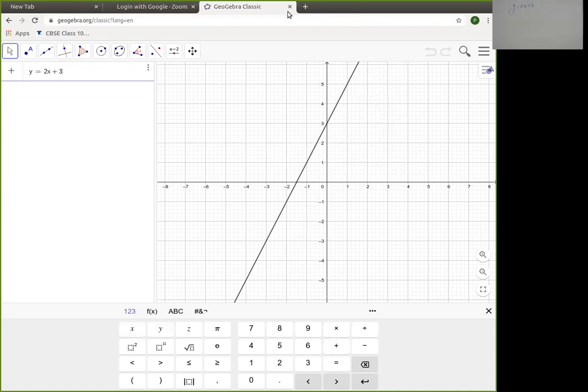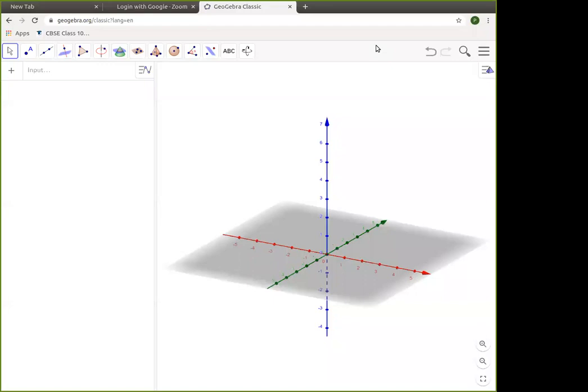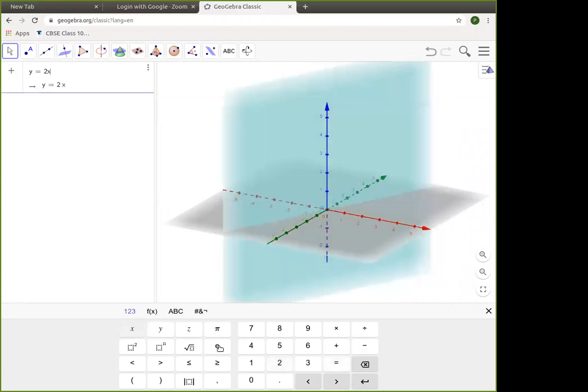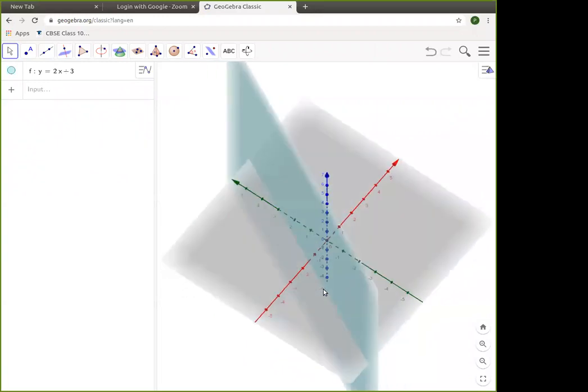Let's take a look at another graph before we make up our mind. Previously we saw y is equal to 2x plus 3 in the xy plane. Now there is another axis, the z axis. So let's see y is equal to 2x plus 3.